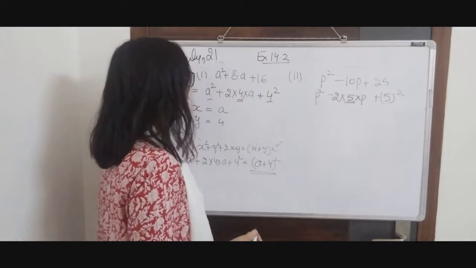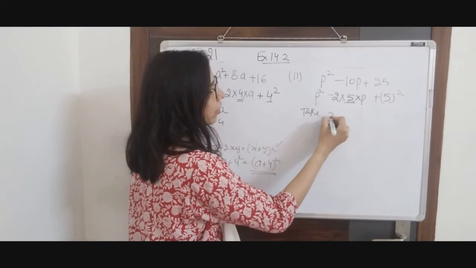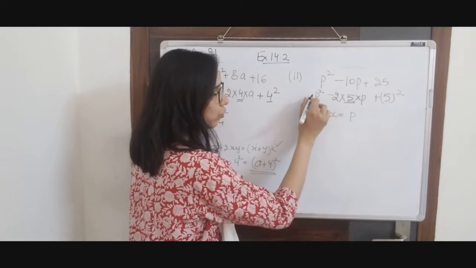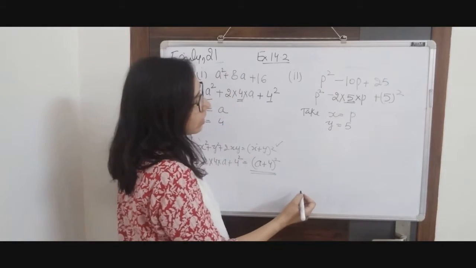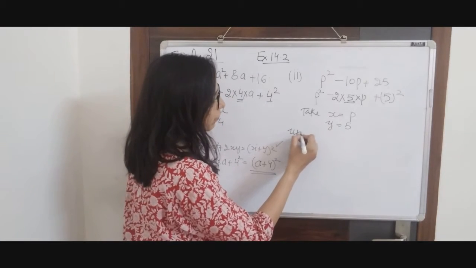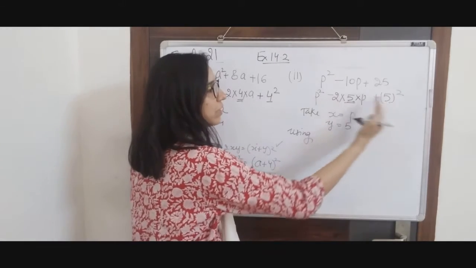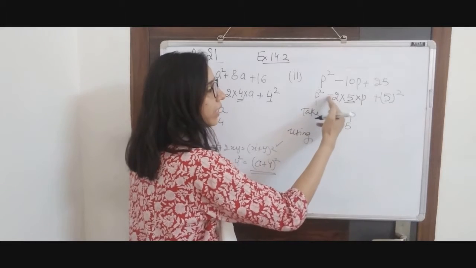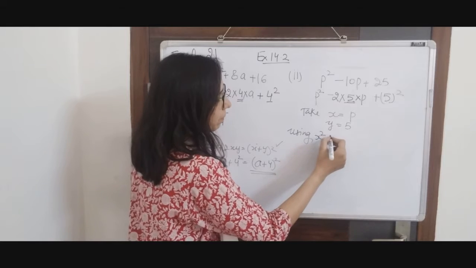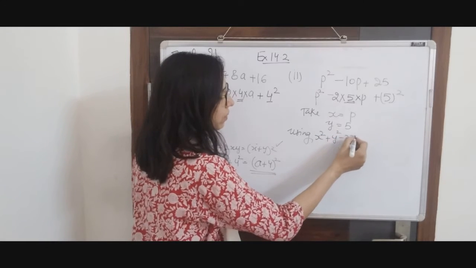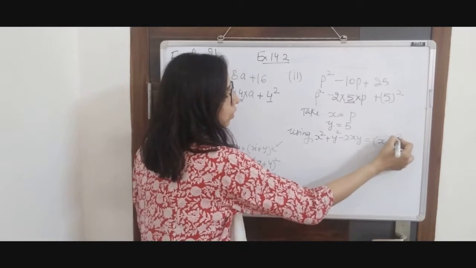Now take your x is equal to p, and what is the second square number? Second square number is 5. Take this and using identity, which identity should we use? Second one, because we have x square plus y square minus 2xy. We have minus in our expansion, so using x square plus y square minus 2xy, which will be equal to (x minus y) whole square.